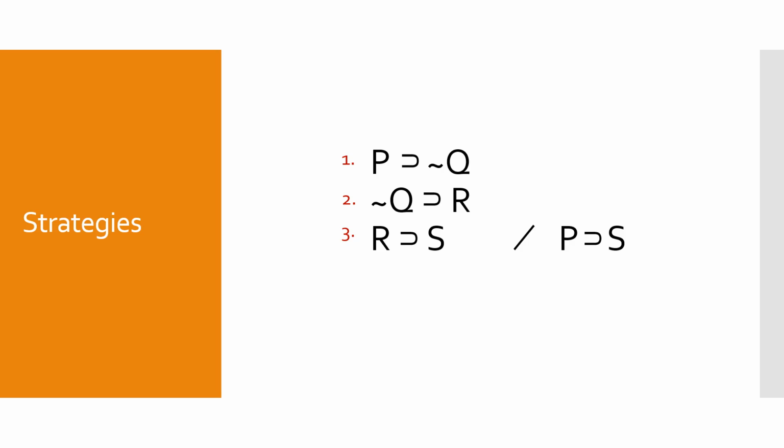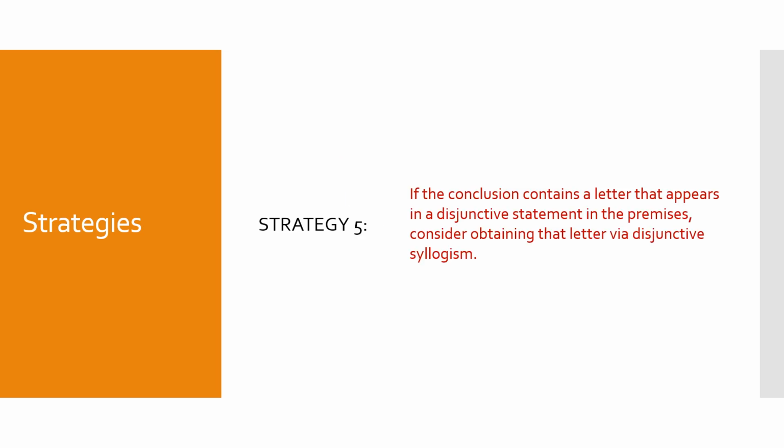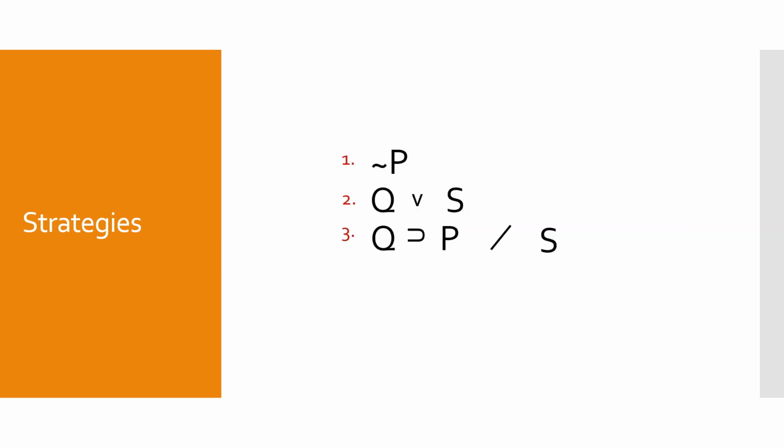And of course, the final point here deals with our disjunctive syllogisms. If the conclusion contains a letter that appears in a disjunctive statement in its premise, then consider using a disjunctive syllogism to get to that conclusion. In this particular example, the conclusion we're trying to draw is that S must be true.